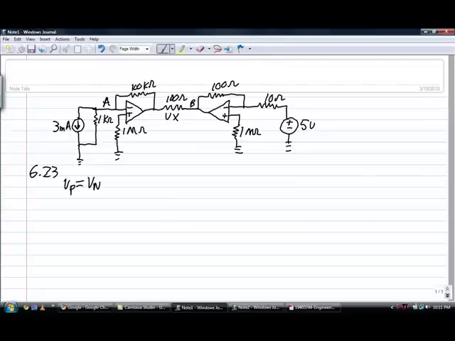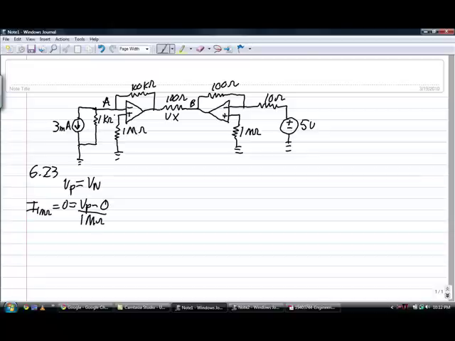We also know that there is no current going through this op amp right here. And therefore, if there's no current going through this, there can't be any current going through this resistor right here. So if we write that out, the current through the 1 mega ohm resistor is equal to 0, which is equal to V sub p minus 0 over 1 mega ohm.